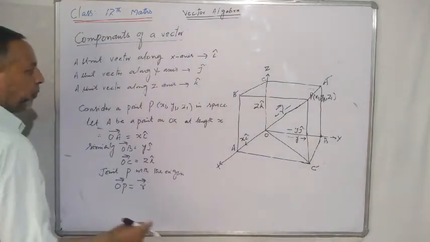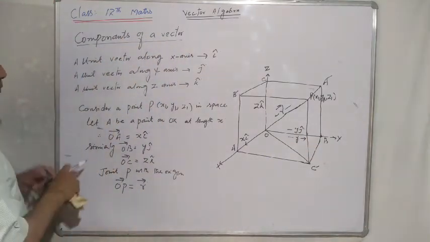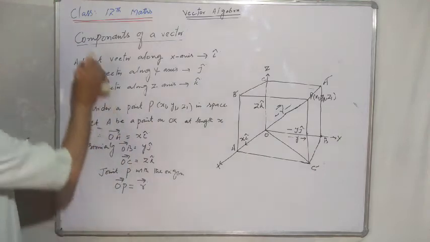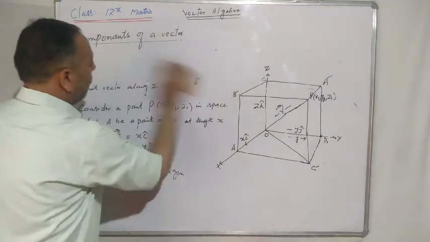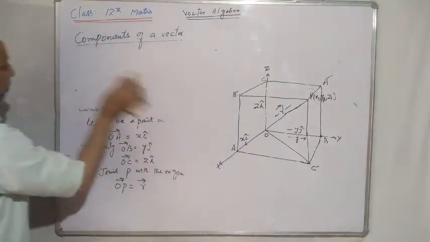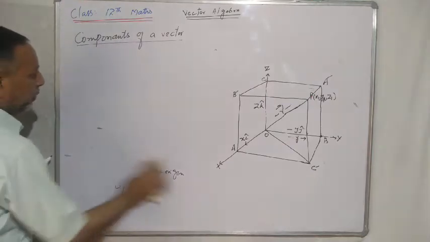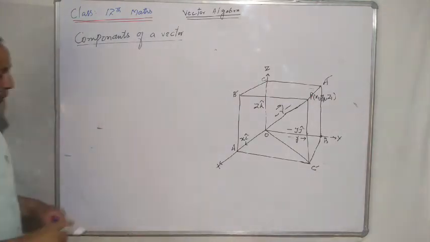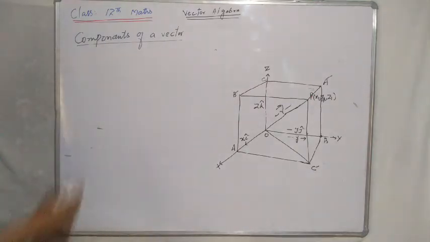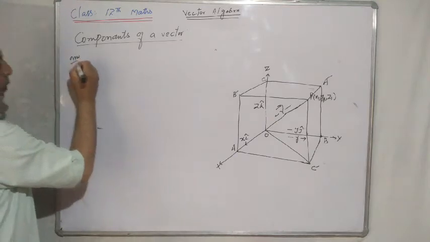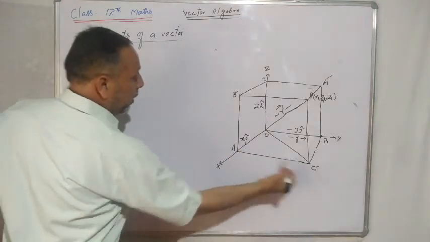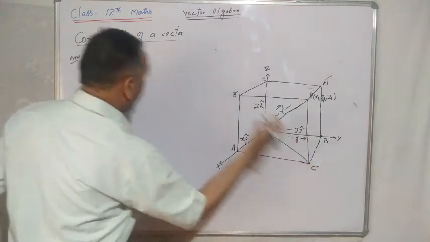Now you first pause the video and note this down. Now this OAC dash B is a parallelogram.